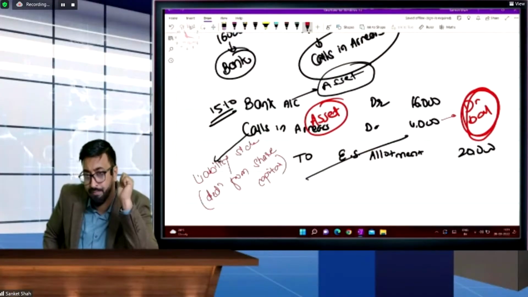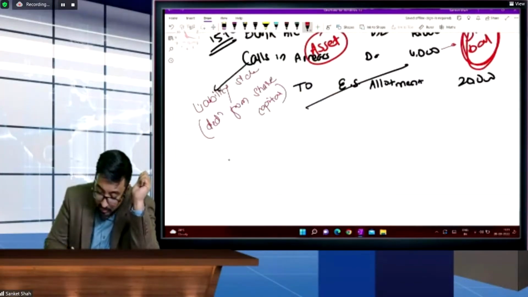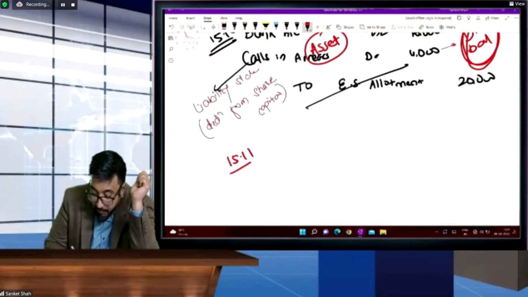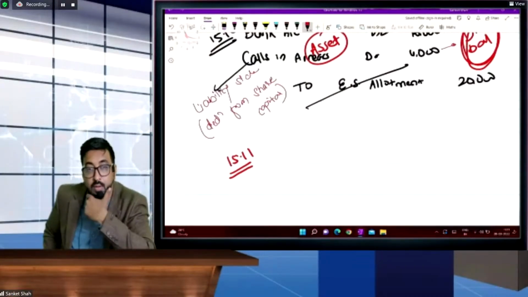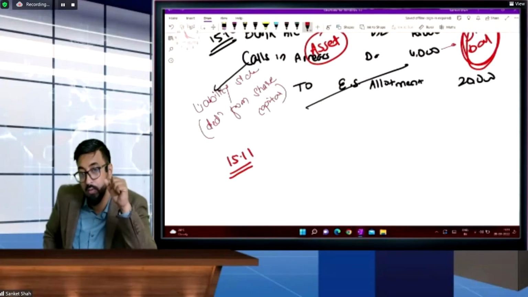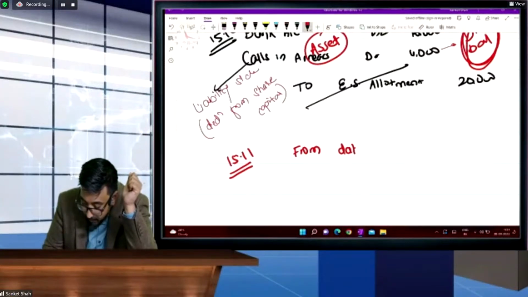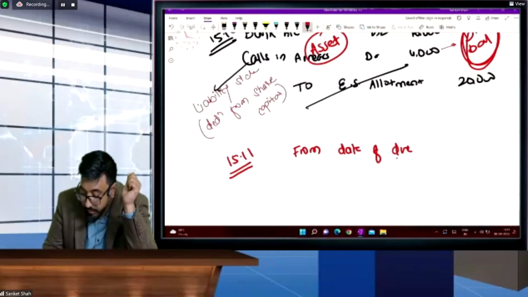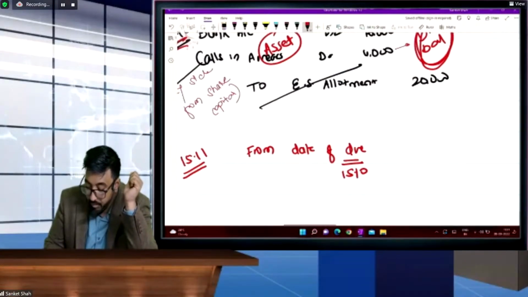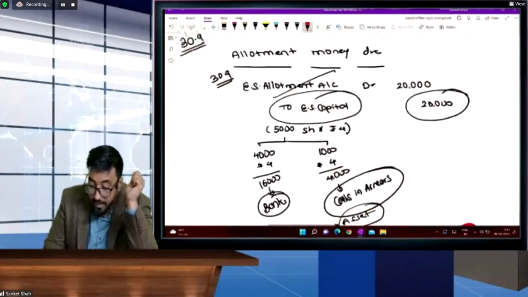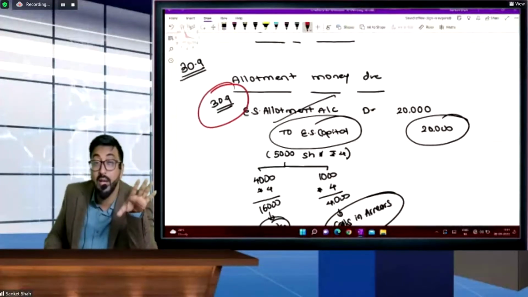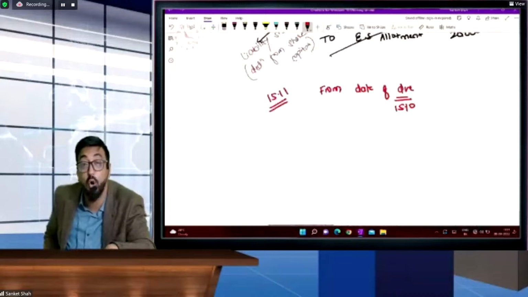Now, sir, suppose he paid on 15th of 11, 15th November, he paid the amount. So from the date of due, which is 15th October, the time given to all shareholders.